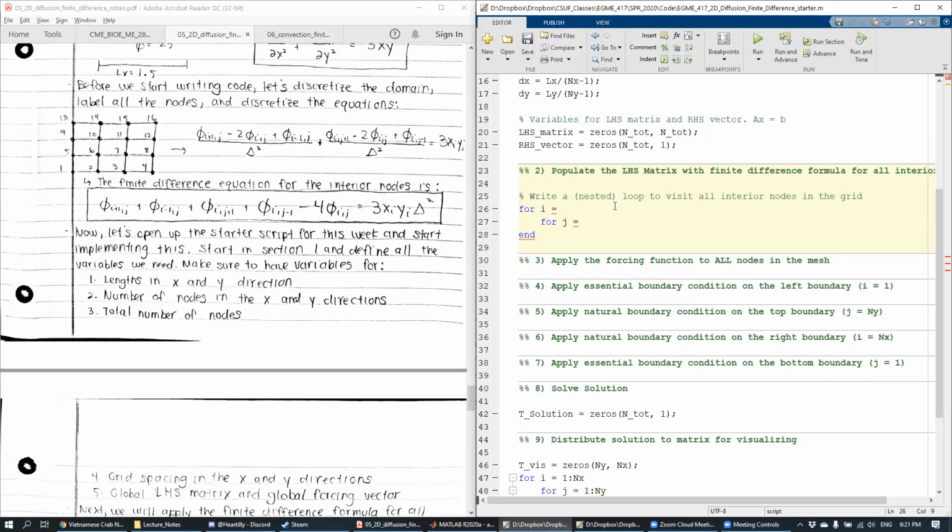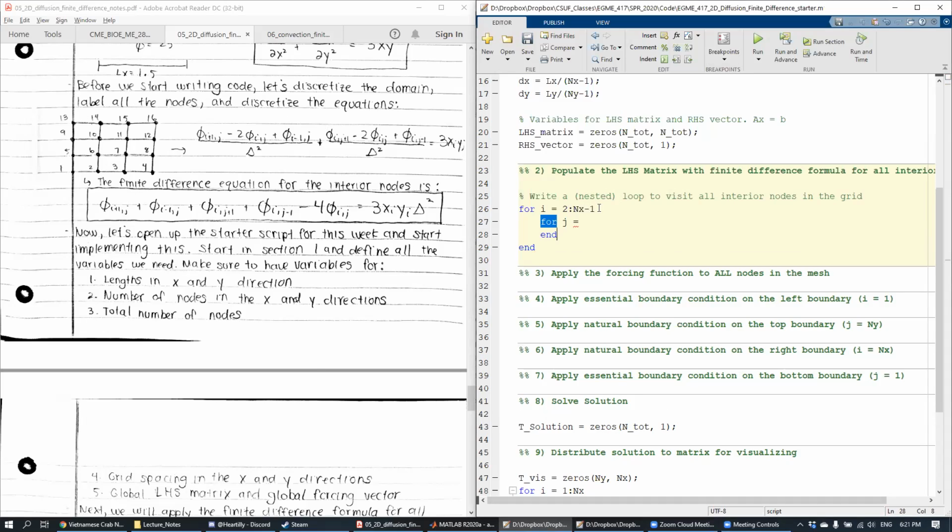Okay. And so in this case, let's write our i loop here. Okay. And so in this case, we only want to loop over the interior nodes, okay? And so the loop that I'm going to write is going to look something like this. Right. And so you can see I'm only looping from 2 to nx minus 1, okay? Right?